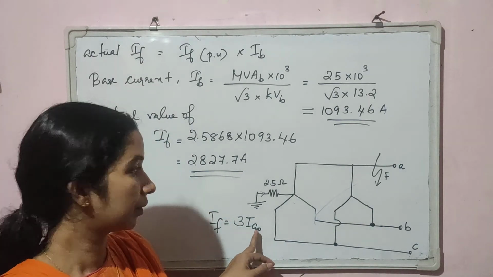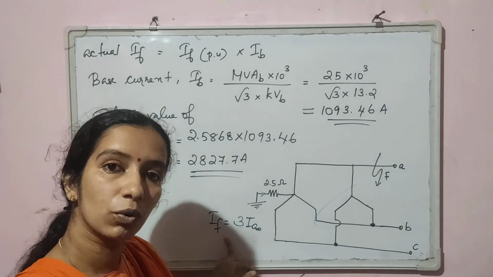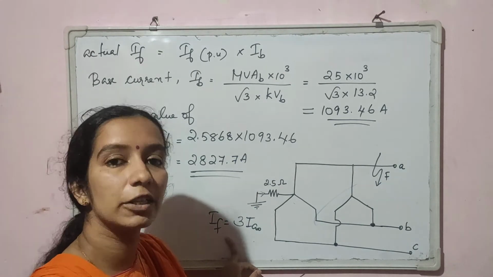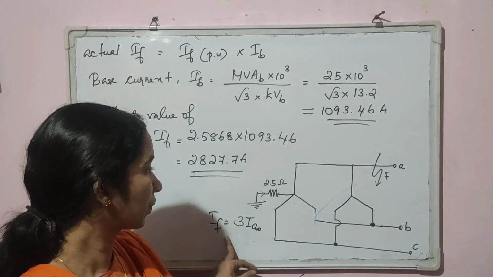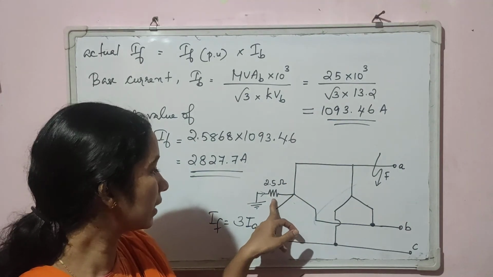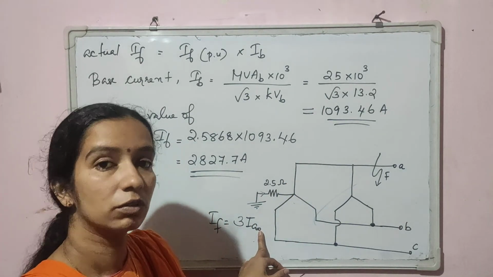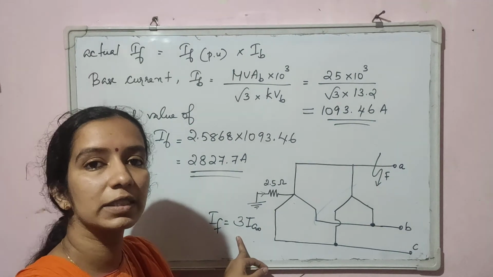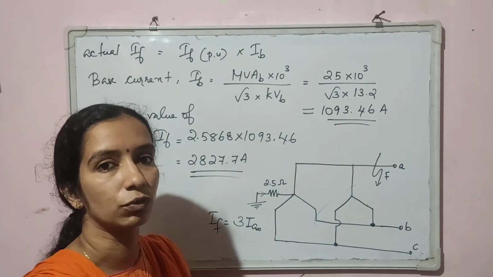So here the current flowing through the neutral grounding reactance is 3 times IA0, which is equal to the fault current in case of a single line to ground fault.